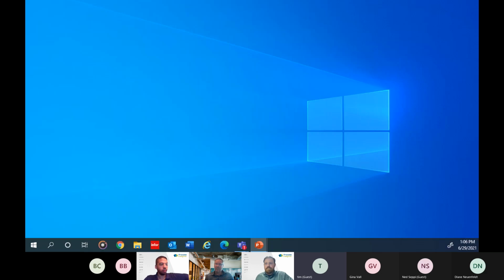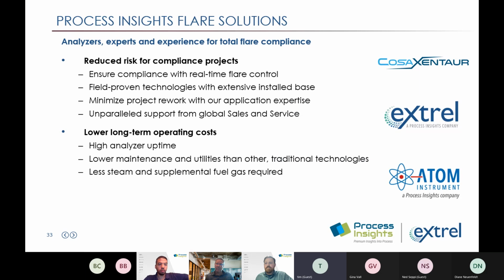As far as it, the one thing is we, of course, have an estimate for our flare composition, which is just an estimate. So let's say we hook one of these things up and we start running it, and we're seeing some things that we're not expecting, which could be pretty much anything in a refinery, or maybe even small additives that we use here and there.